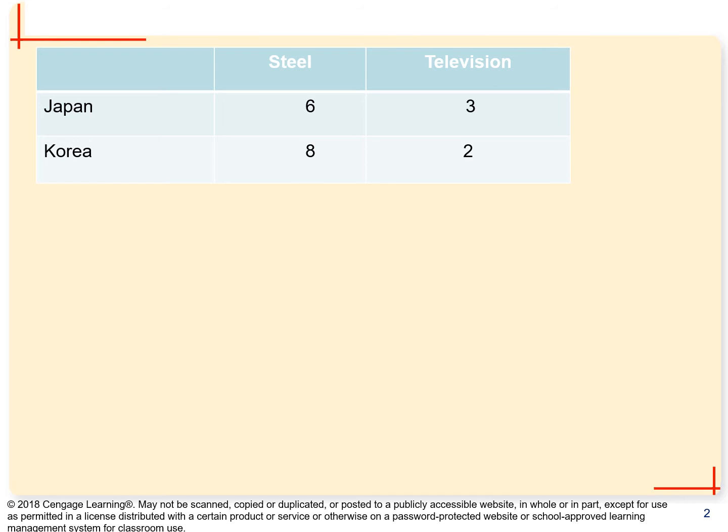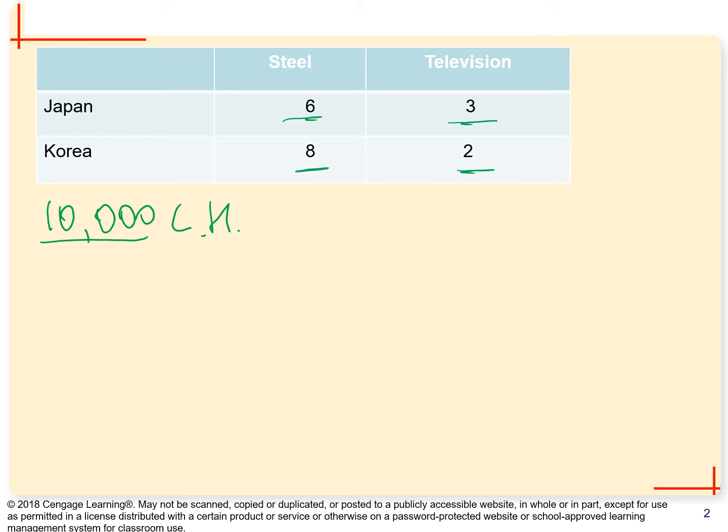Let's start with that. So in our particular scenario, our resources were not given to us, but let's assume that both of the countries had, for example, a random number, 10,000 labor hours available to produce this steel and these TVs. And for Korea, the same. Korea had 10,000 labor hours to produce these 8 units of steel or 2 units of television.